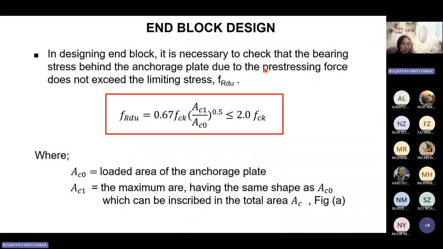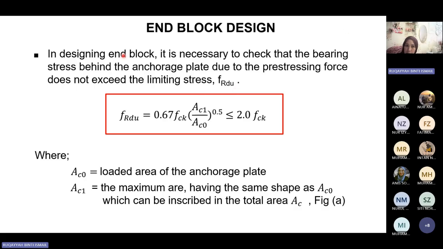So just now we designed for shear. This one is where we can design the end block by checking the bearing stress, to ensure that the provided area is sufficient so that it will not burst, split, or crack. Technically, in the design it is necessary to check that the bearing stress behind the anchorage plate due to the prestressing force does not exceed the limiting stress.